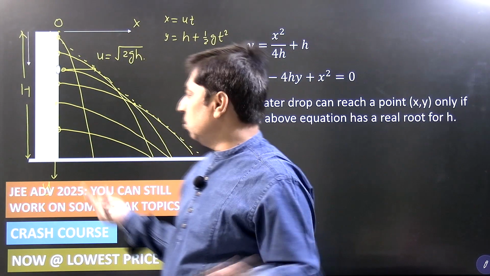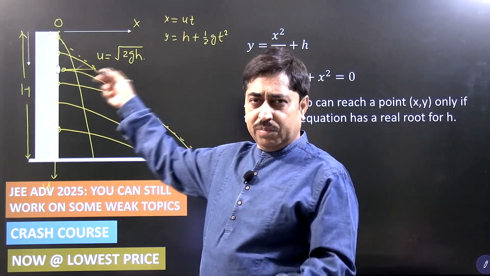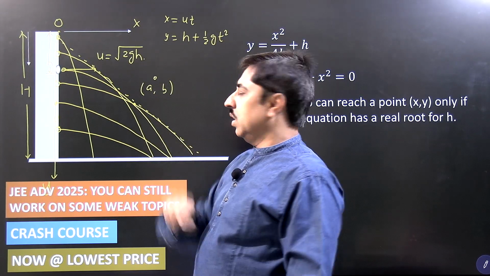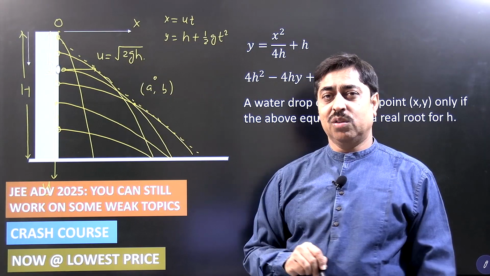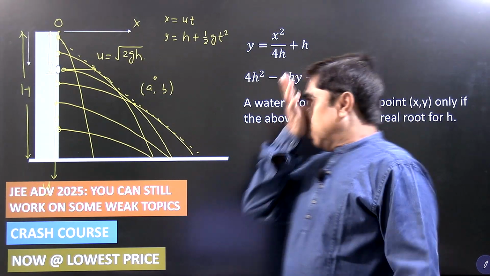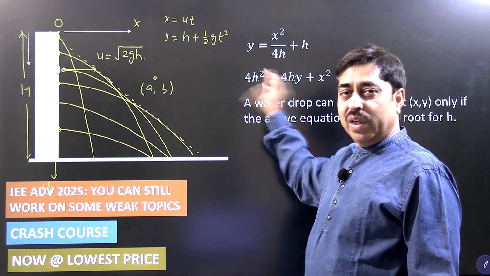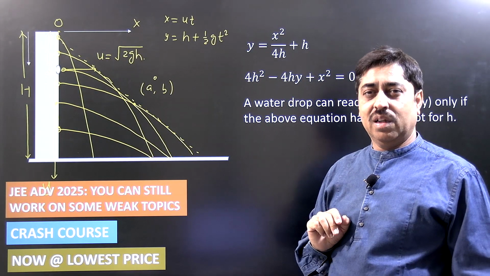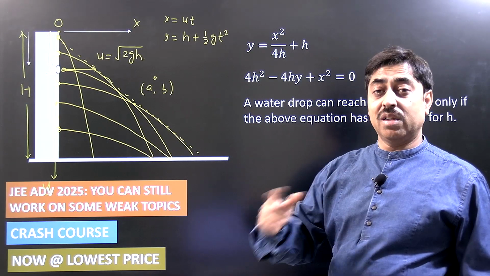Suppose you just choose any random point as x is equal to a and y is equal to b. This is the coordinate of a random point that you have chosen. In place of x you write a, in place of y you write b. You solve this quadratic equation for h and it gives you an absurd value, meaning an imaginary value for h.